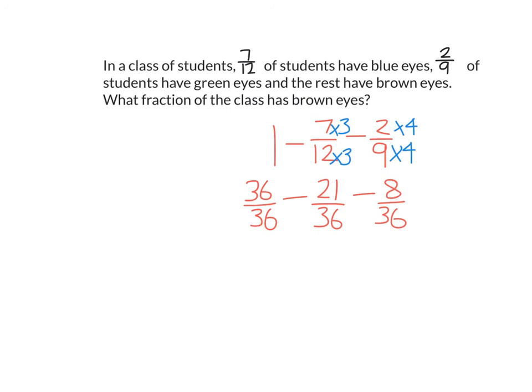So all of the denominators are the same, so I can simply subtract the numerators. So 36 minus 21 minus 8 gives me 7, and I keep the same denominator. So 7/36 of the class had brown eyes.